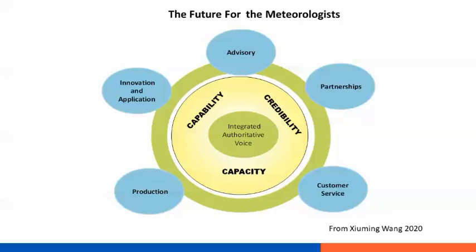Before the class, let's look at the future for the meteorologists. As we all know, during the past 30 years, the numeric models have improved dramatically. Machine learning plus high-resolution model post-processing systems have pushed the forecast capacity a lot. Look at this image. The forecast will become an integrated authoritative voice.